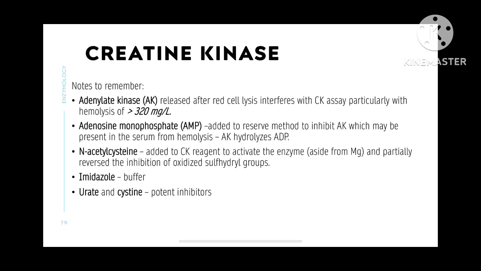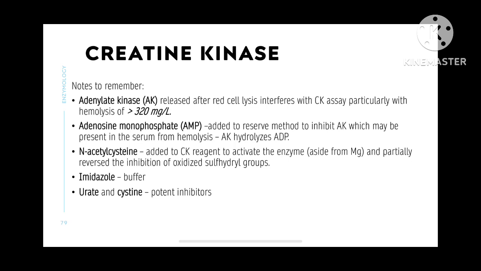As has been said, erythrocytes are virtually devoid of CK. However, they are rich in adenylate kinase activity. AK reacts with ADP to produce ATP, which is then available to participate in the assay reaction, causing falsely elevated CK levels.